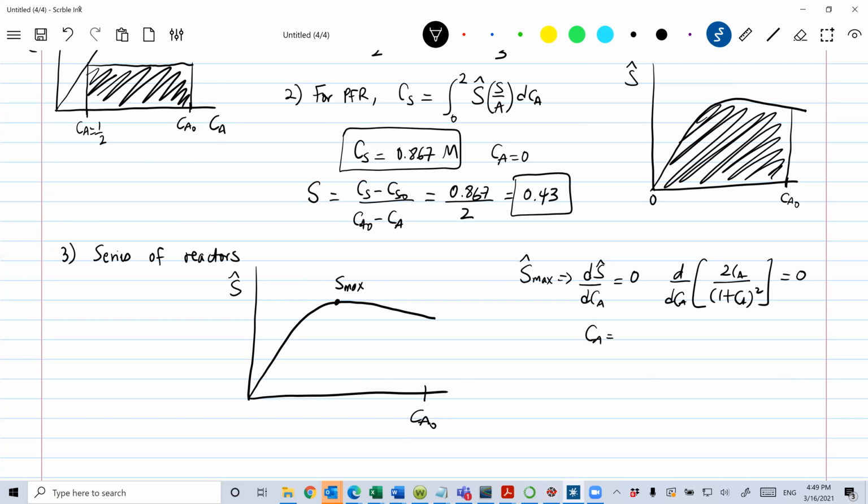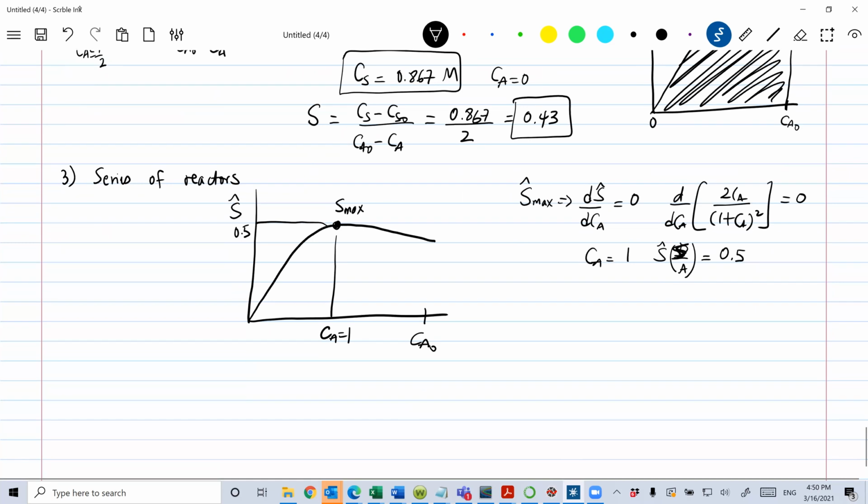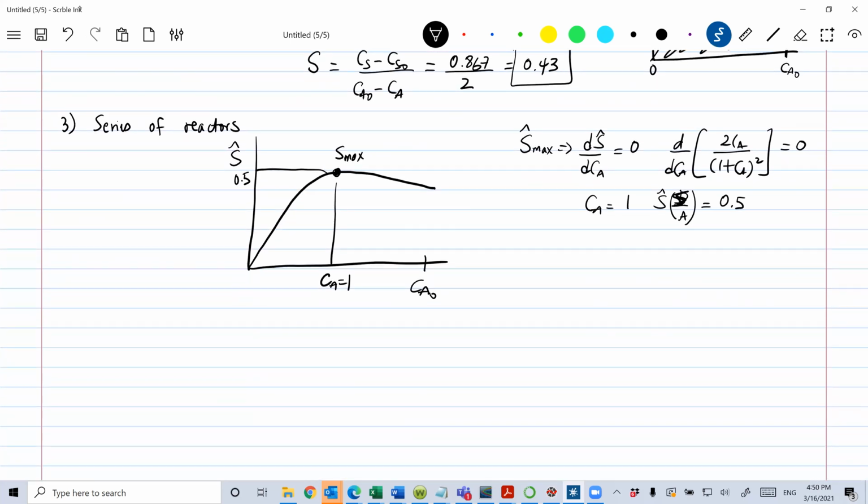That gives you a CA of 1 and an S hat of D over A of 0.5. So you're saying that if you operate at this particular CA equals 1 and S of 0.5, you can size a CSTR there.